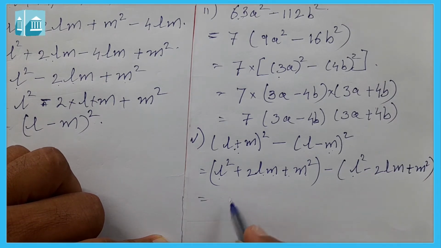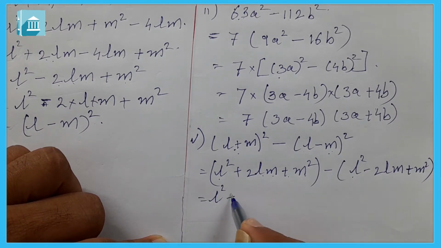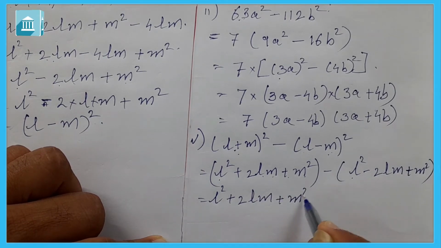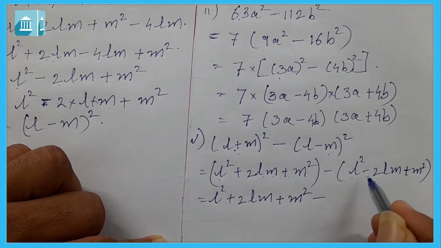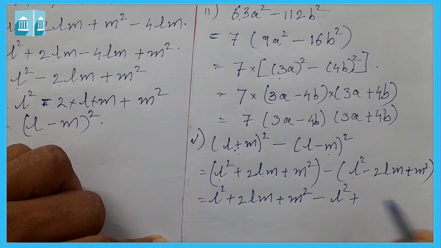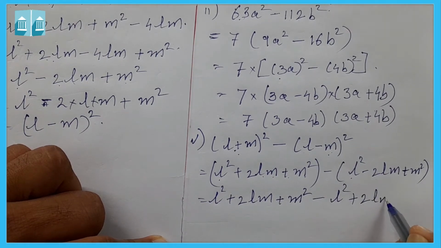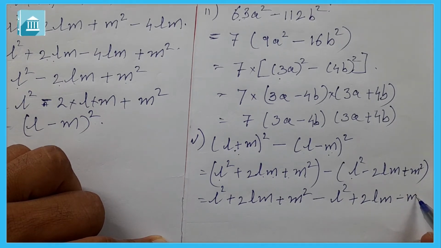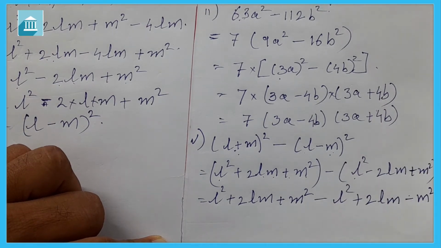So this will be l square plus 2lm plus m square, now minus l square plus 2lm minus m square.